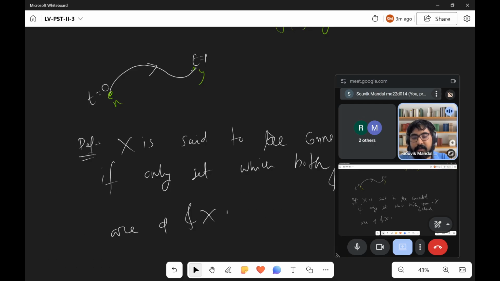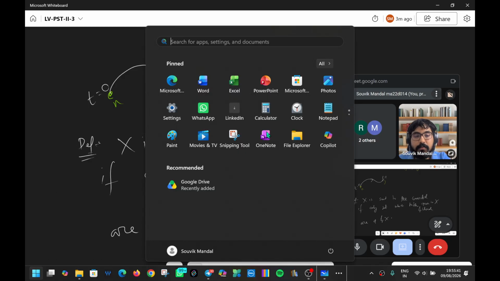Is the definition clear? I mean, do you understand the definition or not? That's what I'm asking. The definition will become clearer after two or three further things. If other than phi and X we get a set which is both open and closed, then the space cannot be connected.